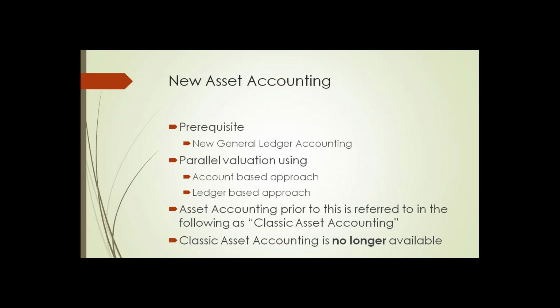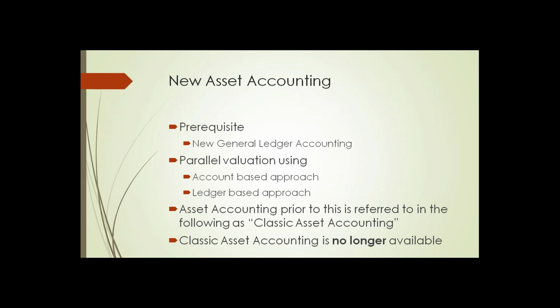Whatever you are saying is what you understood till now, but let me explain. For example, if you are not moving from classical to new GL, you are directly moving from classical to simple finance. Normally, if you move from classical to new GL, you will implement different functionalities like document splitting and parallel valuation. All these functionalities can be activated if you are moving from classical to new GL.